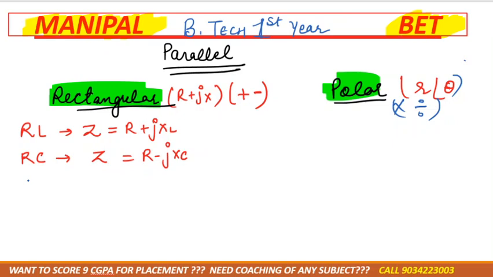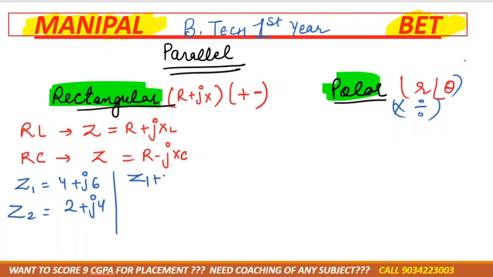Okay, let's see how. Suppose you have Z1 value as 4 plus j6 and Z2 value as 2 plus j4, and if you want to add, Z1 plus Z2, add the real part with the real part. 4 plus 2 is how much? Tell me. 6.